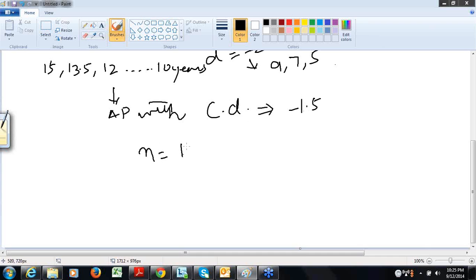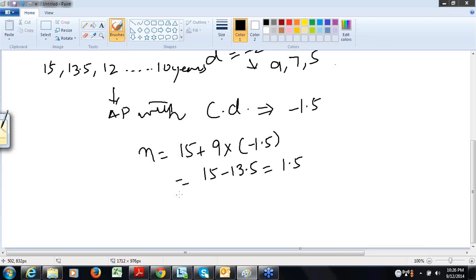The nth term is a plus (n minus 1) d, so 9 into minus 1.5. 15 minus 13.5 will be 1.5.